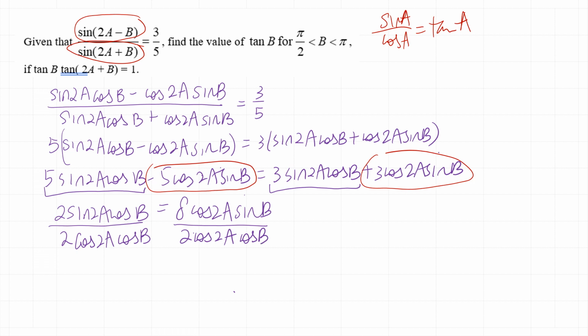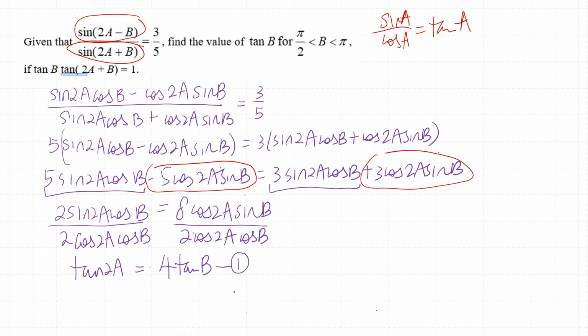Right, so that will give me tangent 2a on the left hand side. On the right hand side will give me 4 tangent b. Right, so I'm going to call this equation 1. I will need it later on.